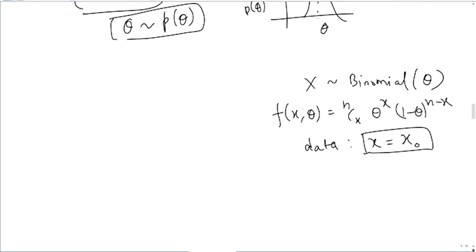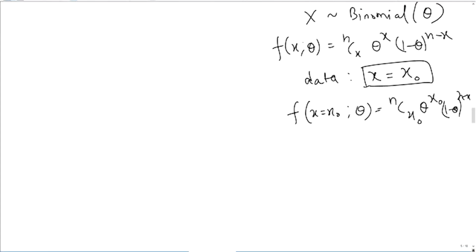Once the data is known, you can draw a graph of the likelihood function, which is f of theta, because x is known. Let me write it like this: x is known to be x naught, and now it just remains a function of theta. So you can write it as n choose x naught, theta to the power x naught, times 1 minus theta to the power n minus x naught. Fine. So this is your likelihood function.